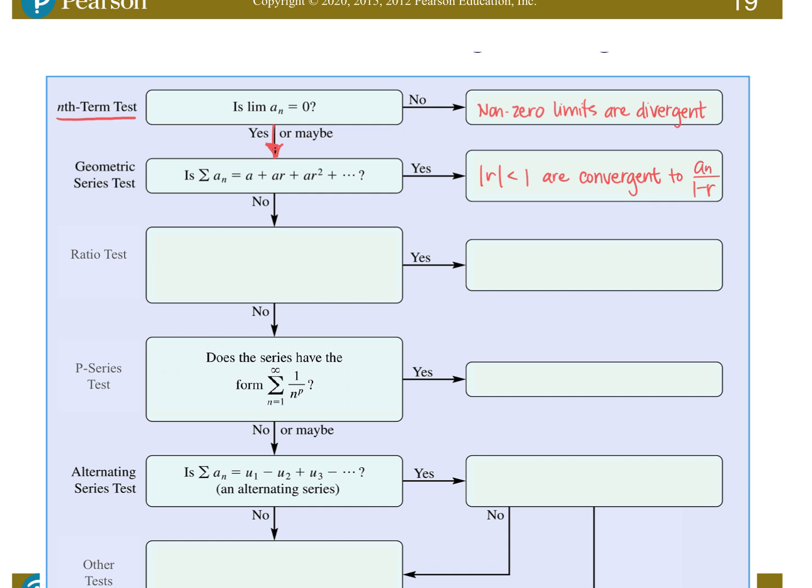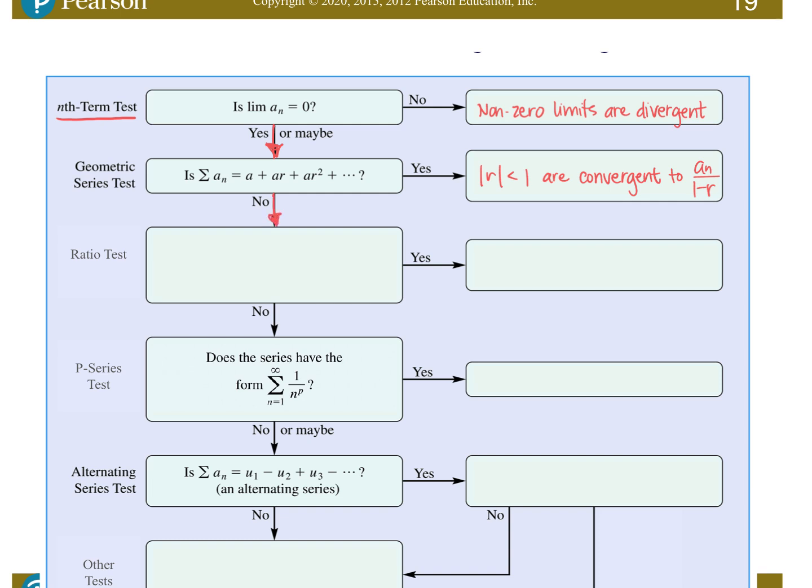But if r is not within the constraints of -1 to 1, or if it's equal to them, that's inconclusive, and so we would need to move on to the next one.